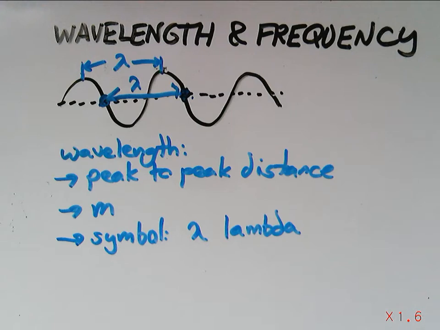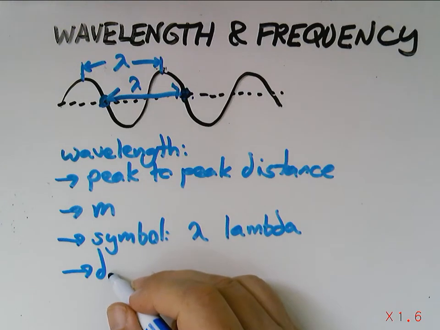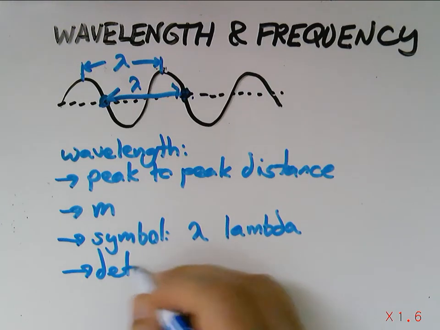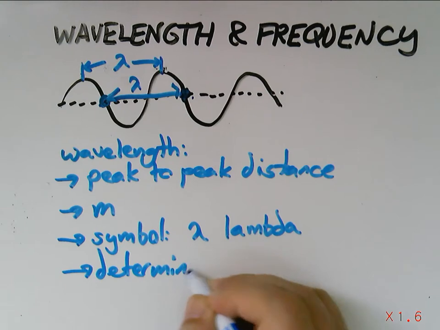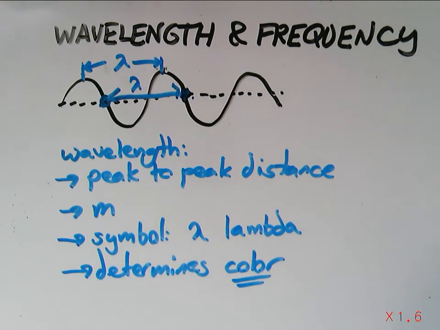Now, wavelength is kind of important because in electromagnetic radiation, the wavelength determines the color of the light. So when you change the wavelength, if it's electromagnetic radiation, you change its color.